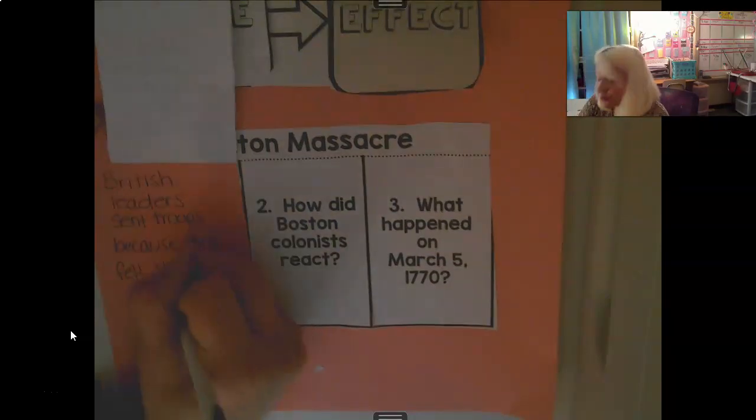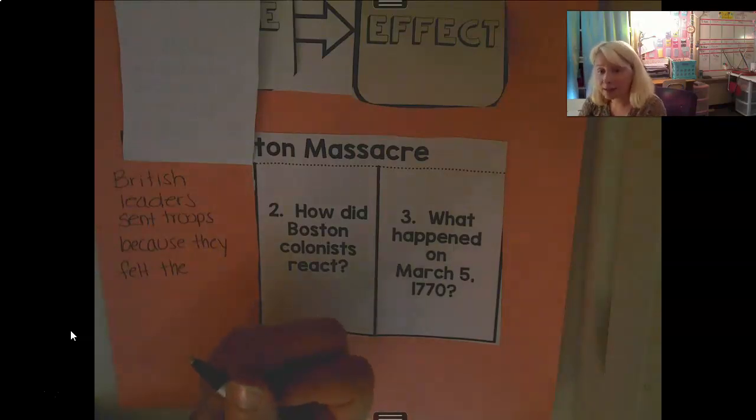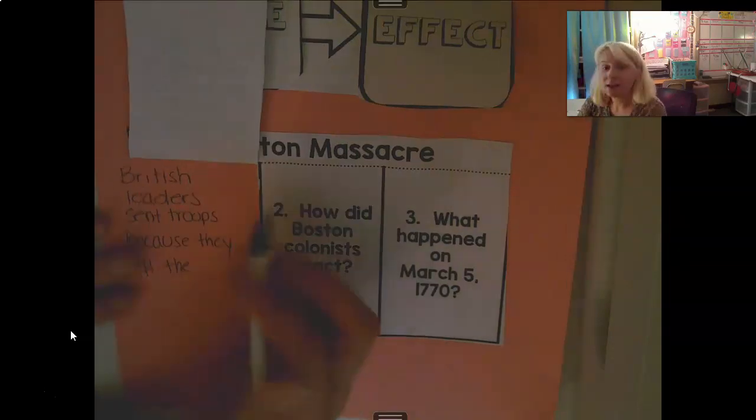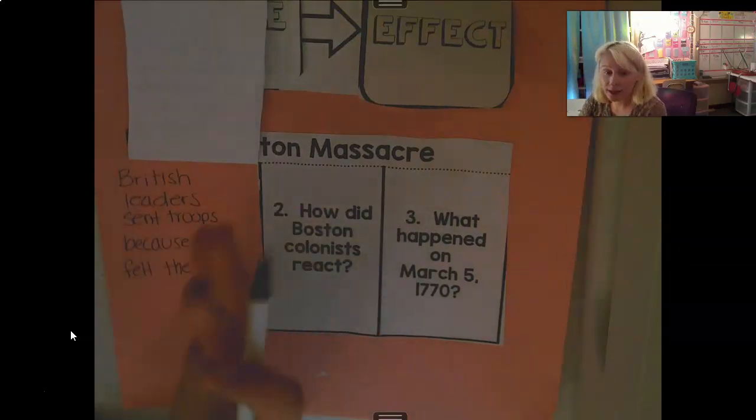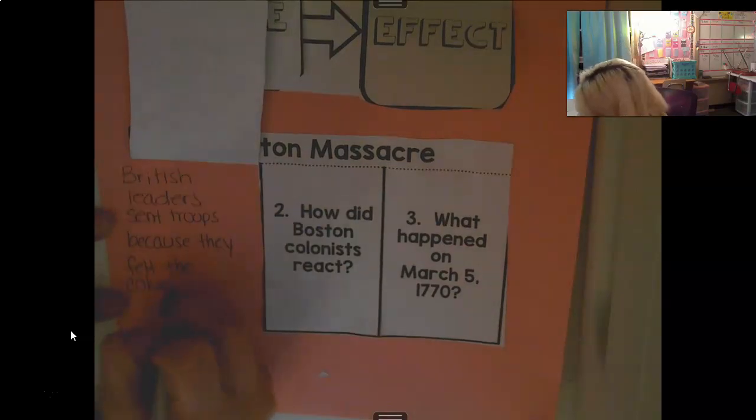the colonists were getting out of control, because the colonists were being rebellious, right? They didn't like the Stamp Act, they didn't like the Townshend Acts, they didn't like the tea tax, and they protested and acted out with each of those acts, and the British felt that this was getting out of control. So they felt the colonists were out of control.